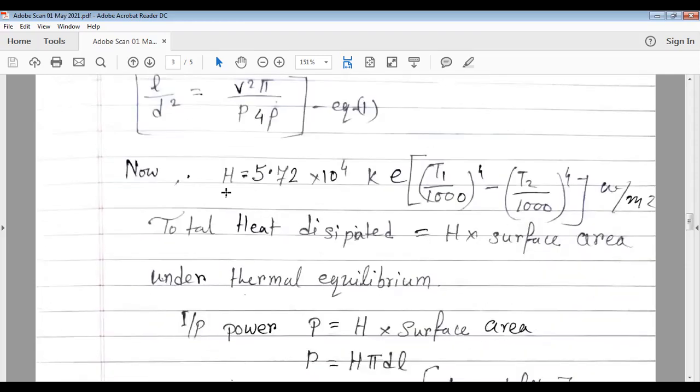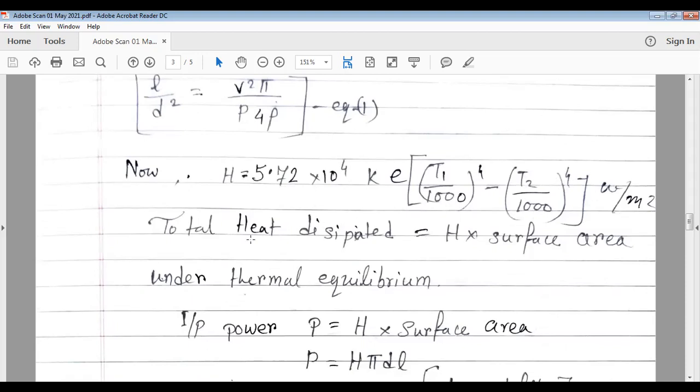Now we know this formula for radiated heat, or heat dissipation, by the scientist Stefan. H is 5.72 into 10 to the power 4, where K is the constant and resistivity, into T1 by 1000 to the power 4 minus T2 by 1000 to the power 4, in watt per meter square.